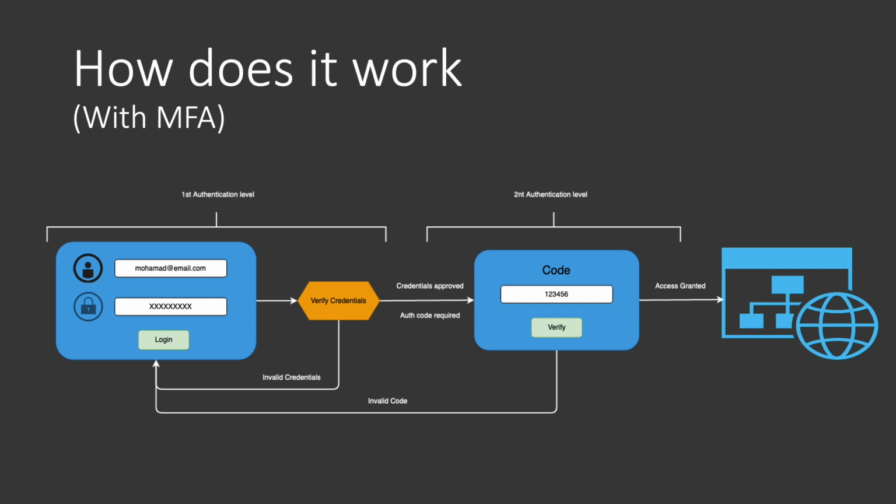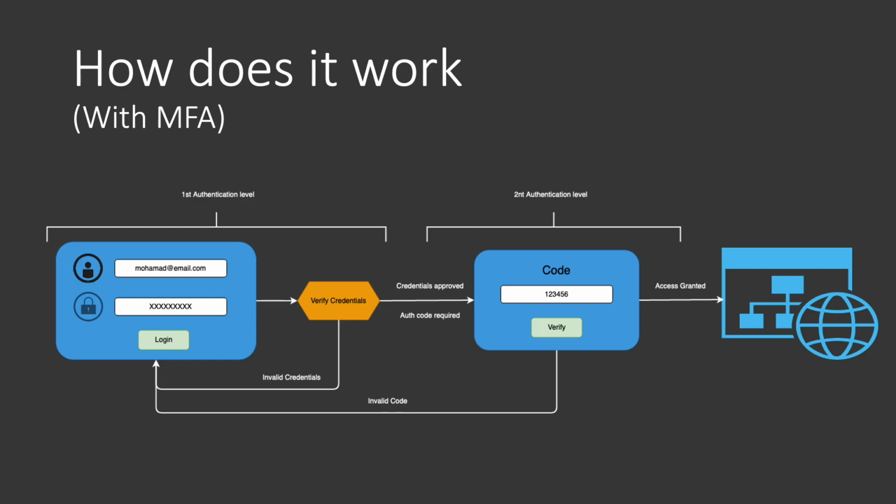If those credentials fail the first verification process, they are redirected back to the login page. In case they pass the first verification process, they are sent to a different screen where they have to input a code, and this code is a one-time password. So every time the user tries to log in, they need to input this unique code.